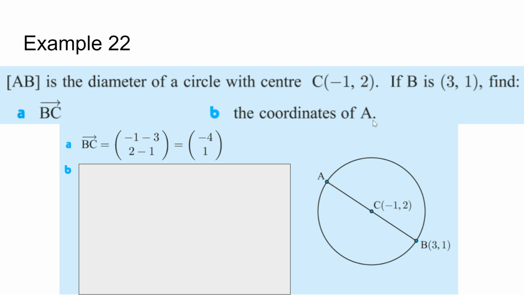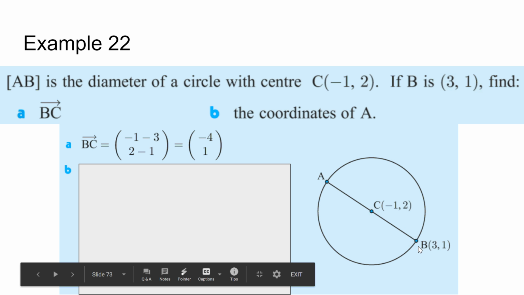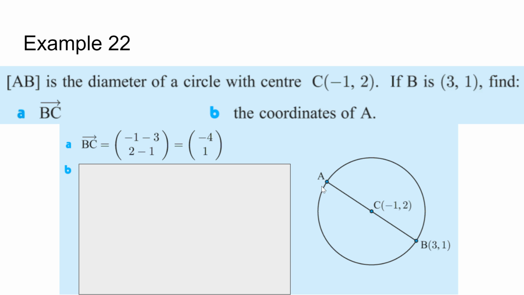Then it says coordinates of A. Well, AB is called a diameter. So if I'm trying to find the coordinates of A, basically whatever the vector is to go from B to C, I'm just going to apply that same vector from point C, and that'll get me to A because they're both radii.